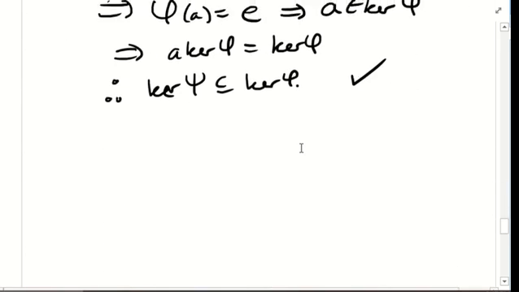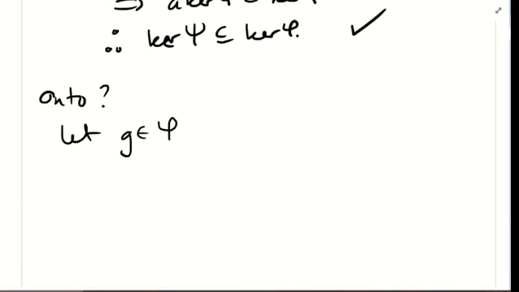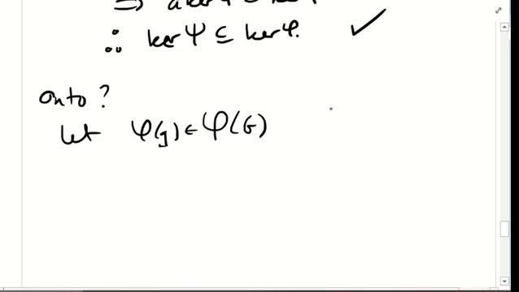All right, is this thing onto? Oh, of course it is. Onto? Yeah. Sorry, let's say it this way. Let phi of g be in the image space.